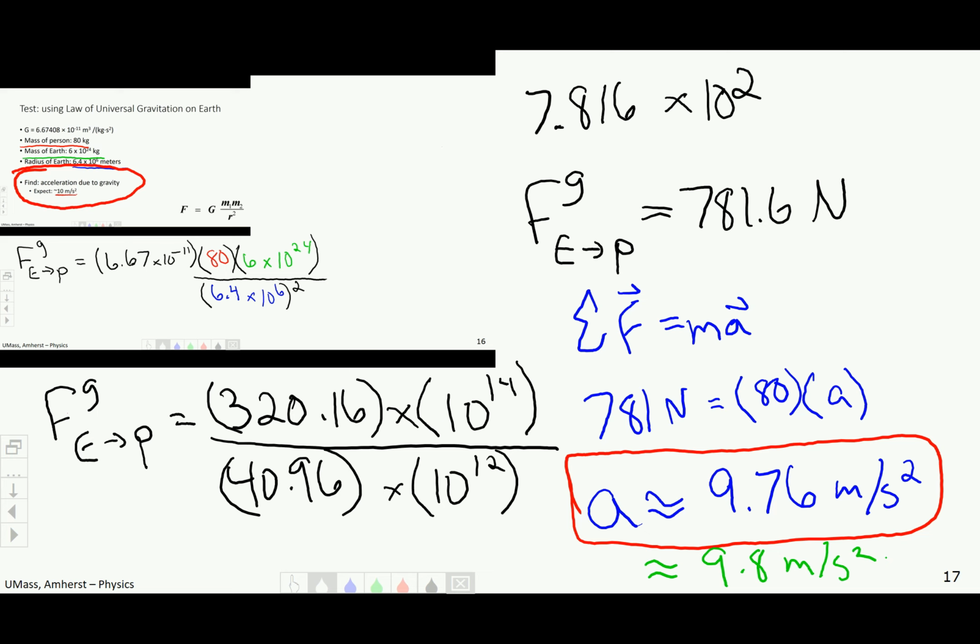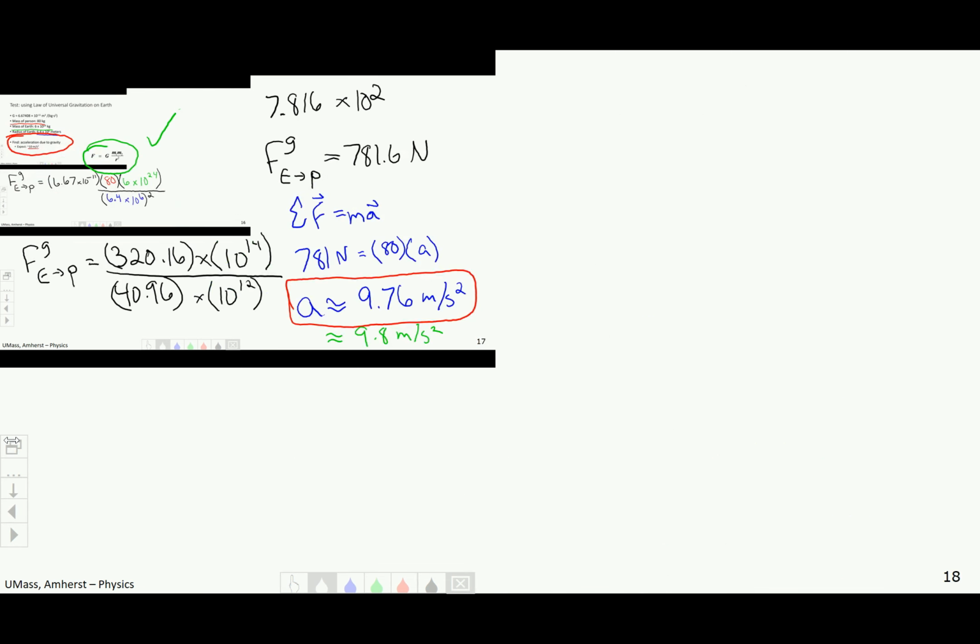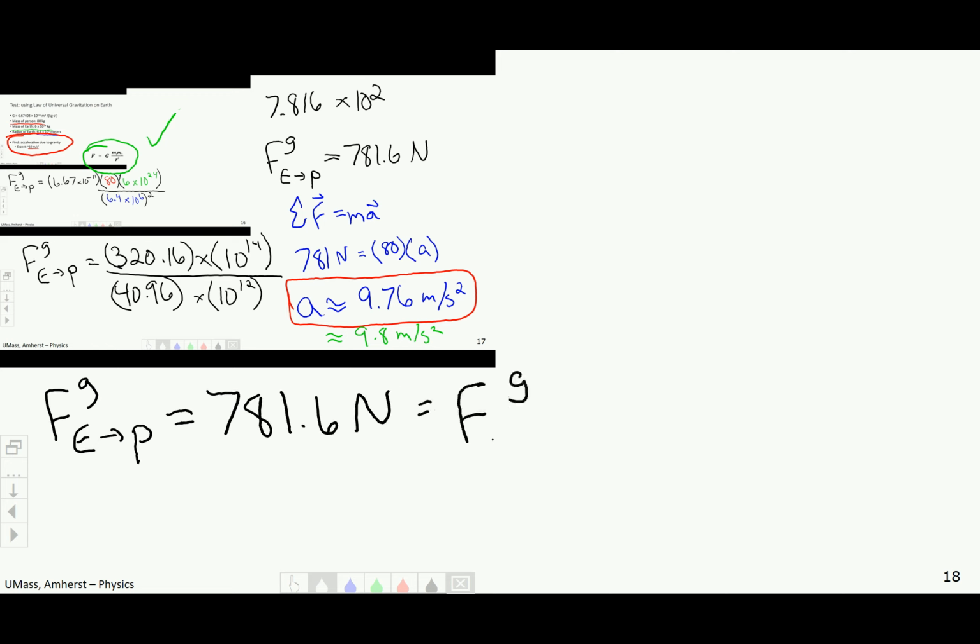So we can see that the law of universal gravitation, at least in this context, works. Hooray! Now, just for kicks, let's do this. We know that the force of gravity from the Earth on the person is equal to 781.6 newtons, which is also equal to the force of gravity from the person on the Earth.